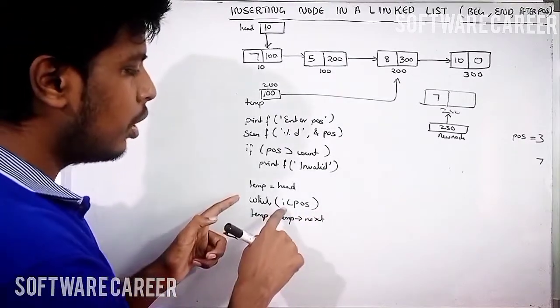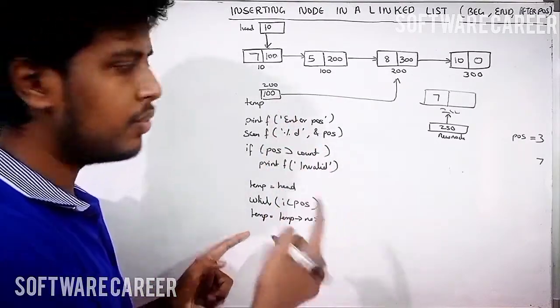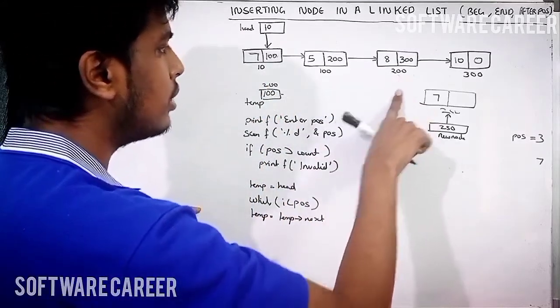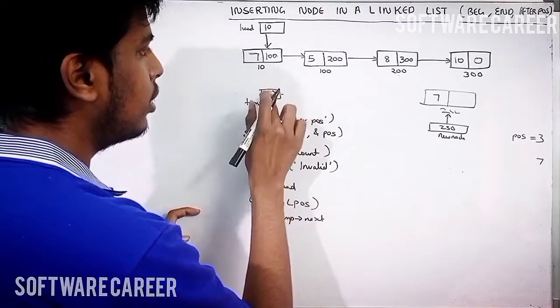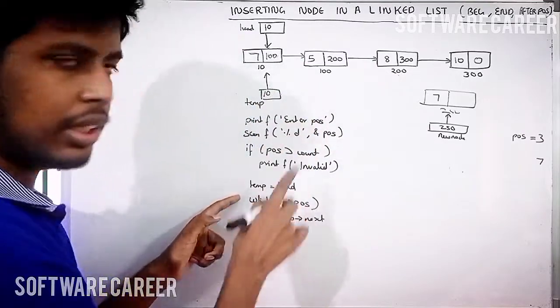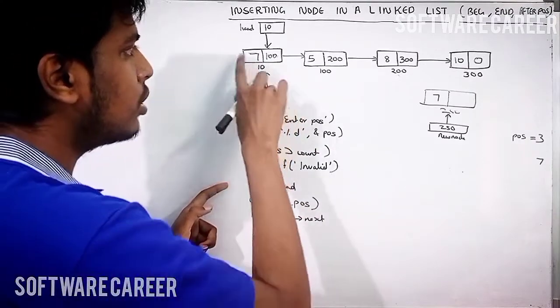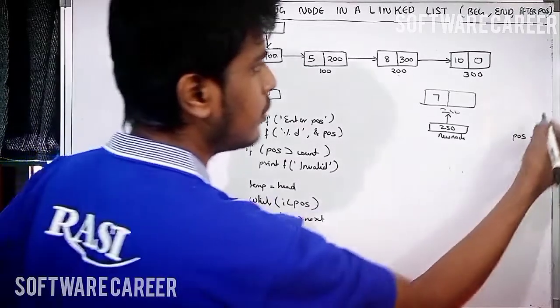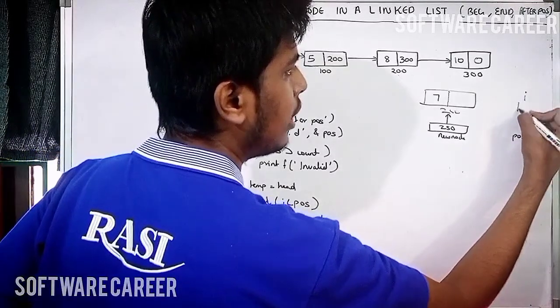I is used to store the position at which temp is pointing. At the starting, temp was pointing at 10, that means temp is pointing at the first node. So I will be 1 at the starting, because temp is pointing to the first node. So I am taking I as 1.